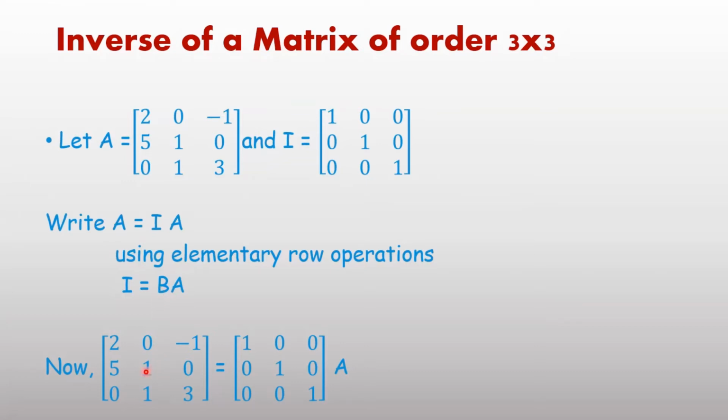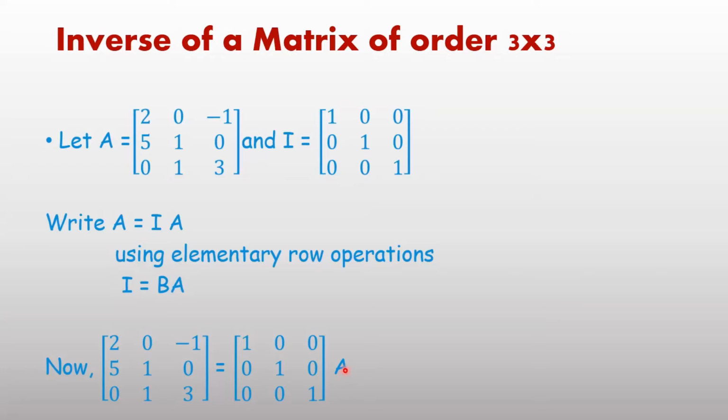So first step, note down A equal to IA. Matrix A written here 2 0 minus 1, 5 1 0 and 0 1 3 equal to the identity matrix written 1 0 0, 0 1 0, 0 0 1, and here A as it is written.